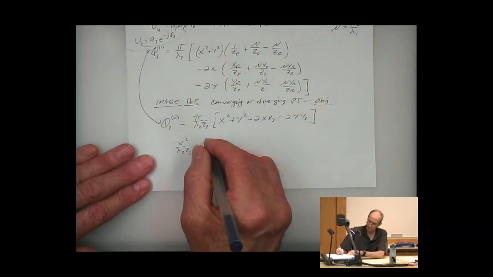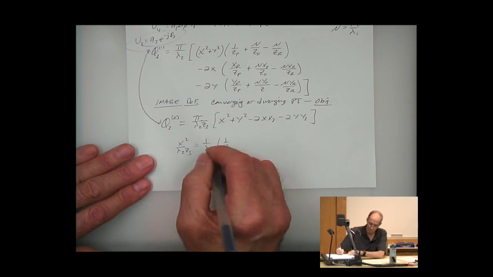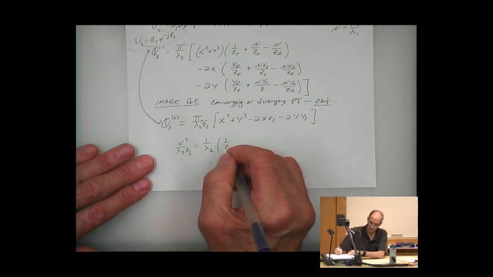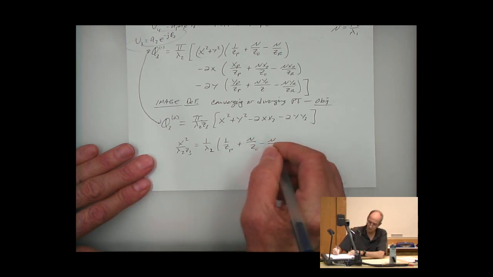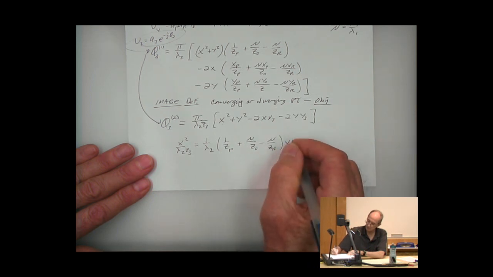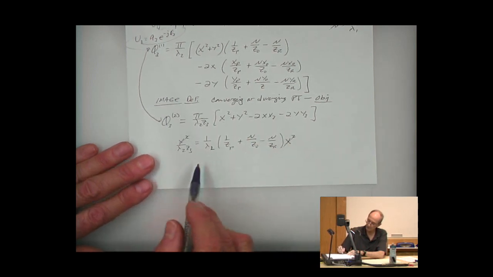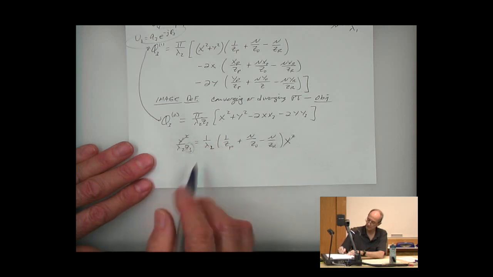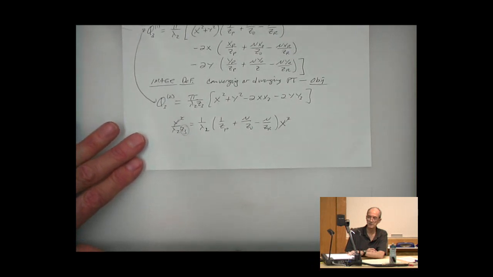So this is going to be equal to 1 over lambda 1 times 1 over lambda 2, zp plus mu over zo minus mu over zr times x squared, right? So then we can drop that, and we now have a relationship that's going to give us z3, the position of that paraxial image point.